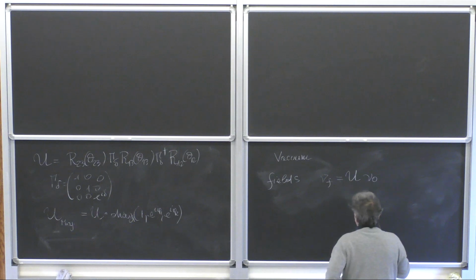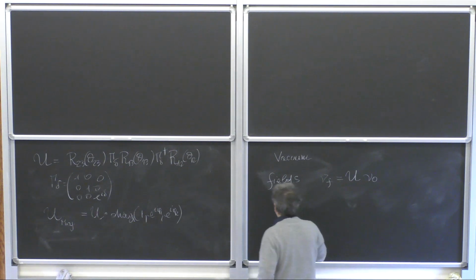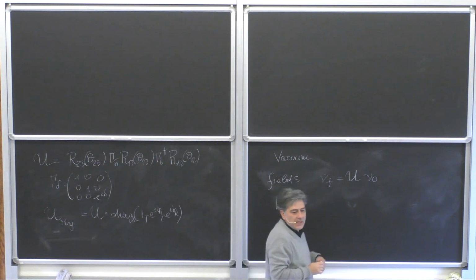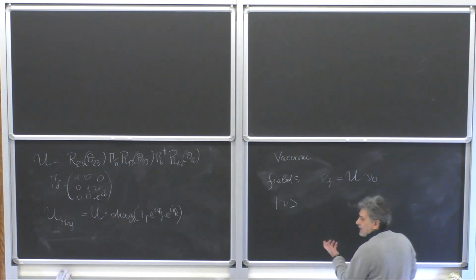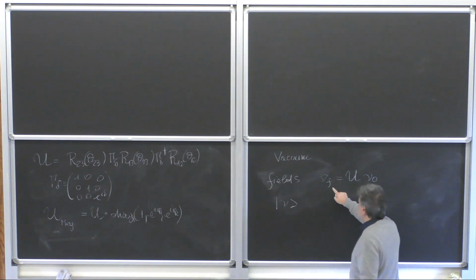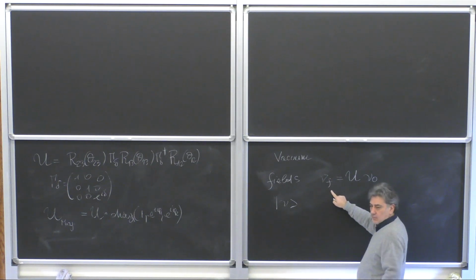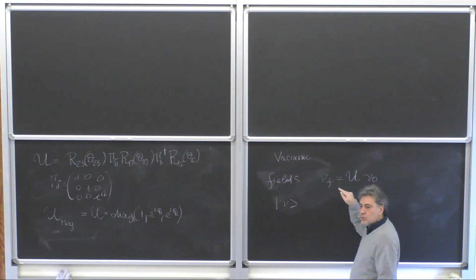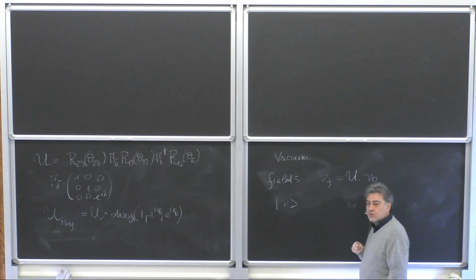Now, if you consider a neutrino state, a ket vector, the relation between the flavor eigenstates and the mass eigenstates is through U complex conjugate.